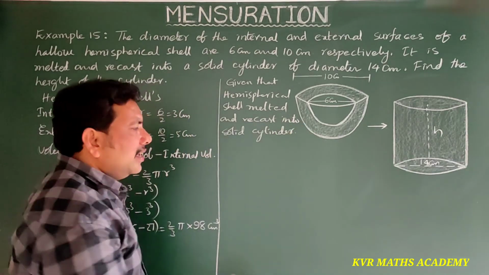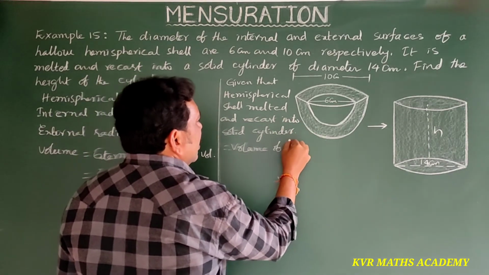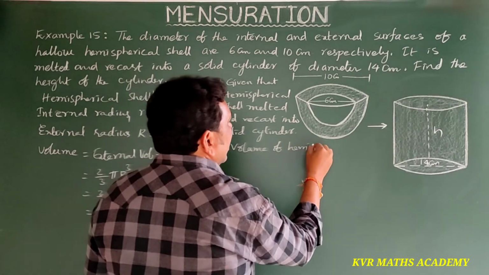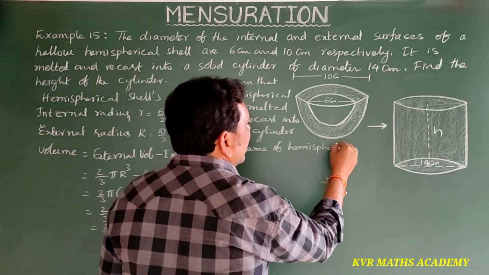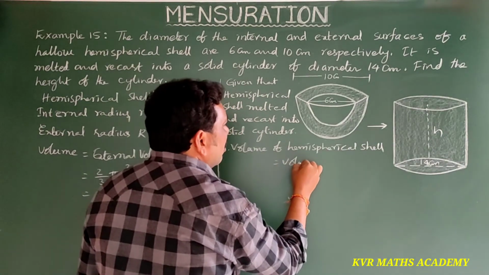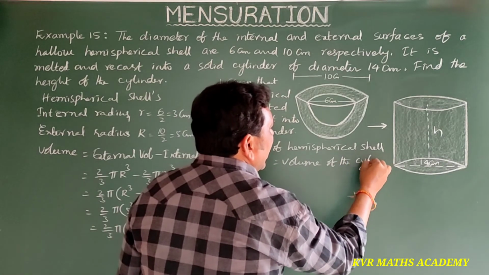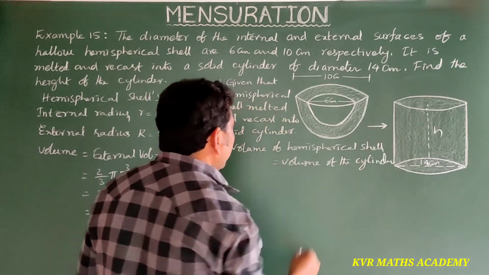Solid cylinder. Therefore, the volume of the hemispherical shell is equal to the volume of the cylinder. Volume of the cylinder.